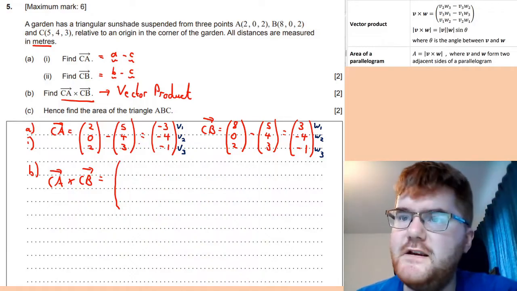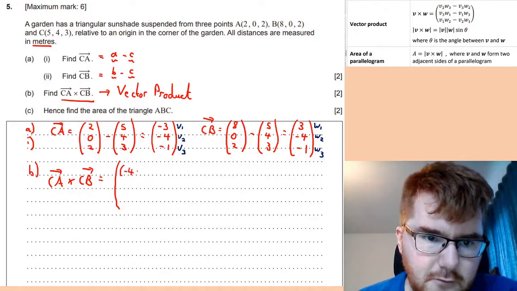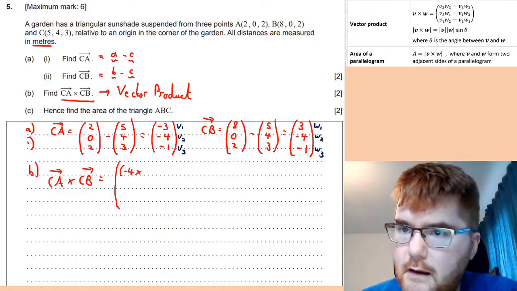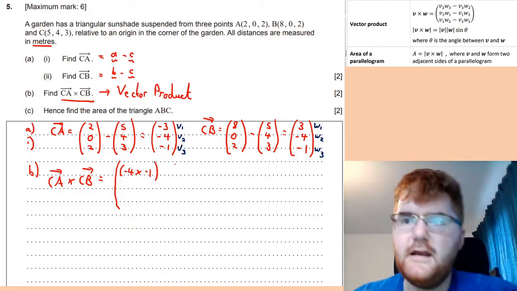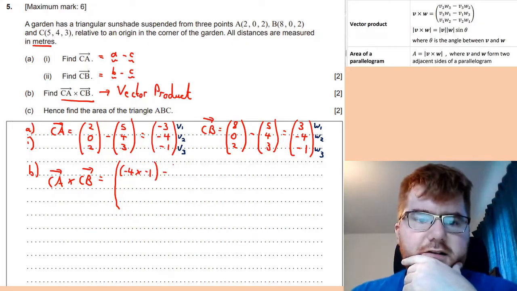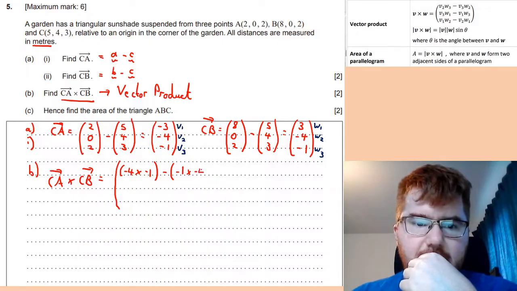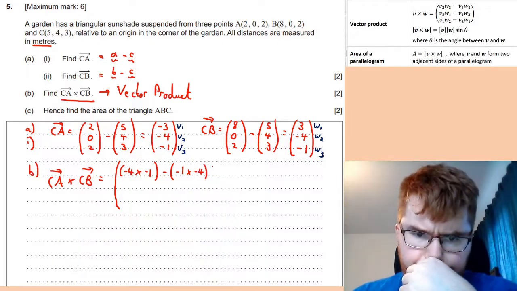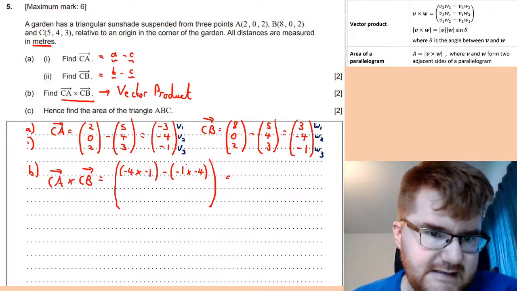We start with V2 times W3, so that's minus 4 times minus 1. And then minus V3W2, so minus 1 times minus 4. We'll come back to working that out in a second.